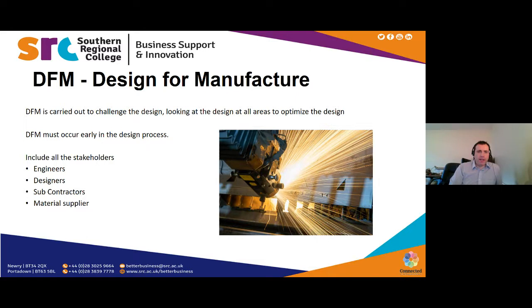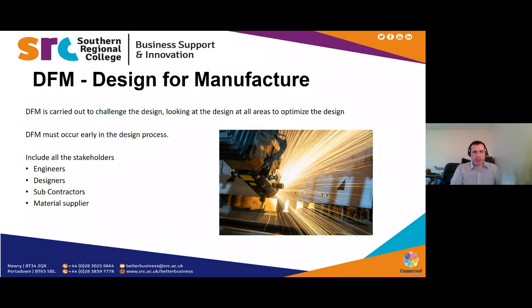So it's about identifying this early in the process, and that includes taking on board your stakeholders. By stakeholders, I mean get your engineers involved, get your designers involved, get your subcontractors involved, and get your suppliers involved.